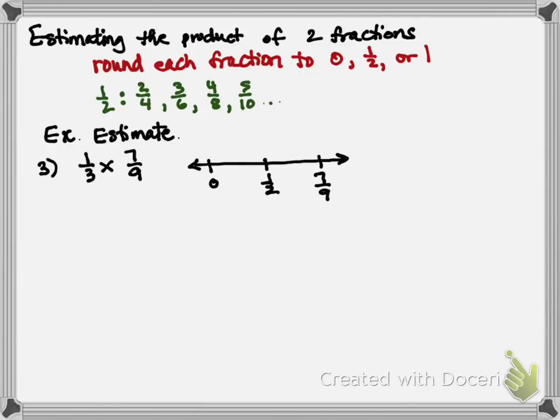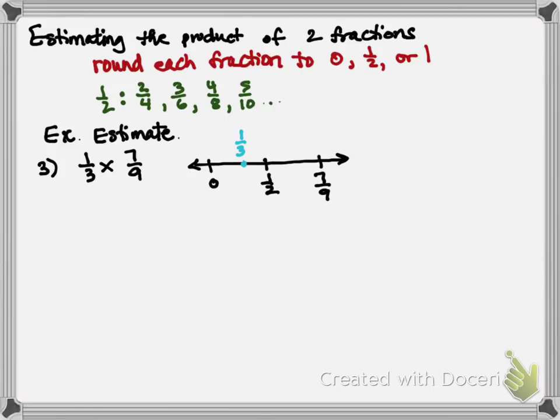So let's see. 1/3 is below a half. It looks like it would be about right here, because then you'd have about 2/3, and then you'd have 3/3. So this would be my 1/3.